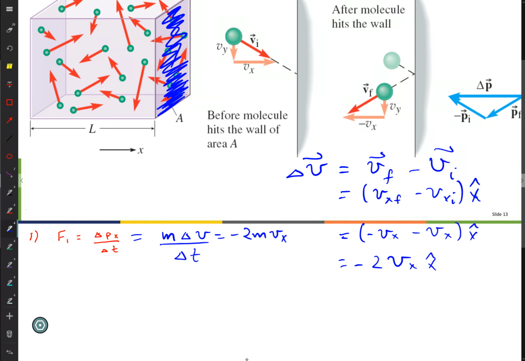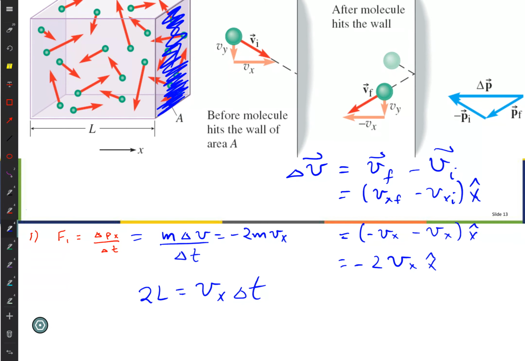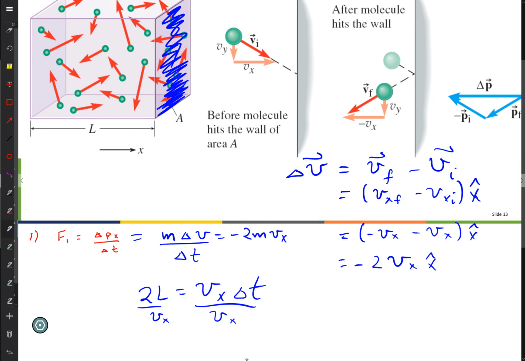So I should have 2L is equal to my speed in the x direction multiplied by the time it takes to bounce over and come back. So I can just divide both sides by Vx. And now I have delta t that I will put in right here.